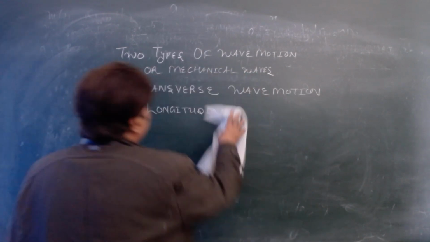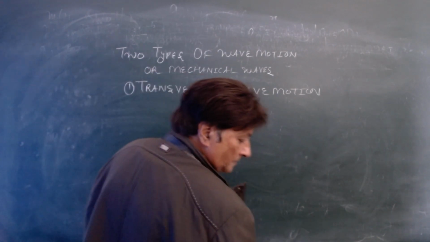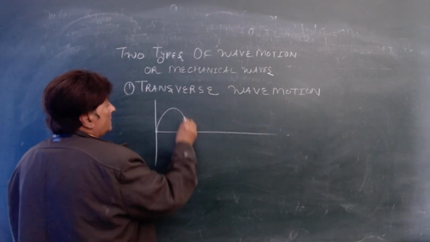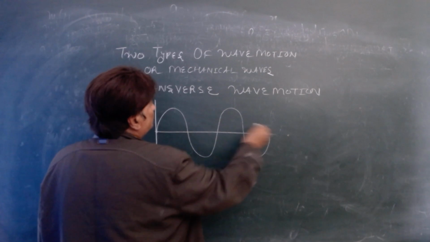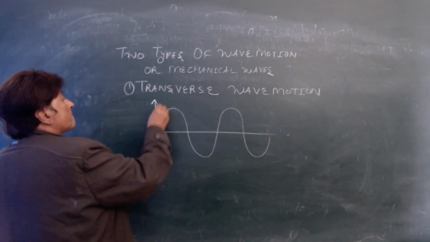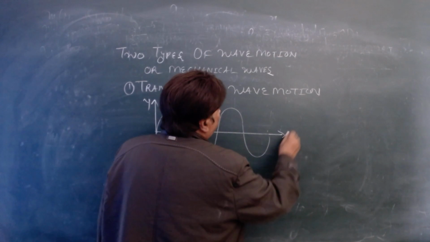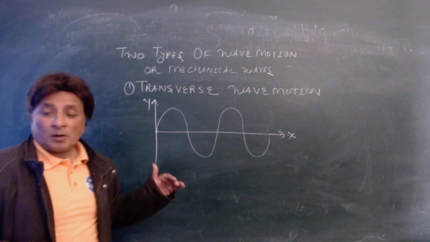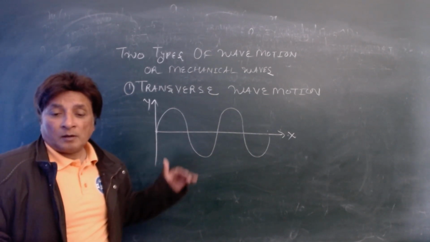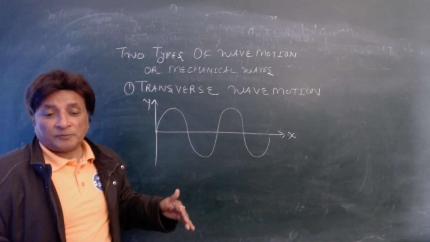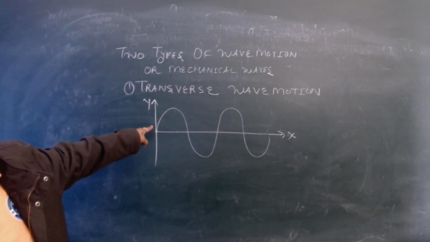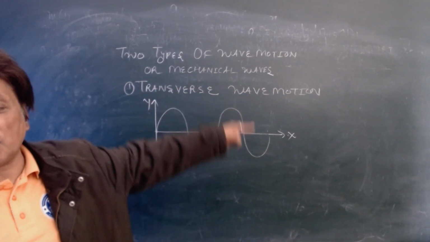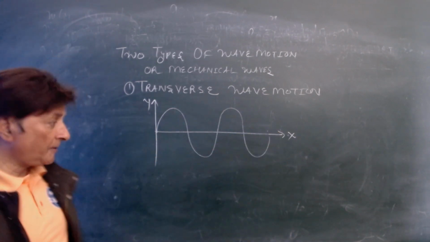Let me rub it first. See, this is how the transverse wave motion is formed. The particles of the material medium vibrate about their mean position in a direction perpendicular to the direction of propagation of the wave.